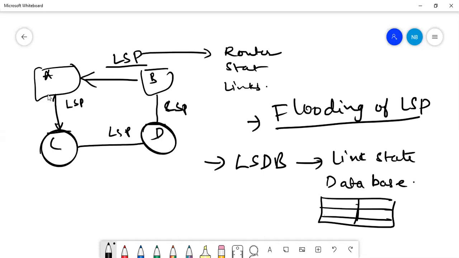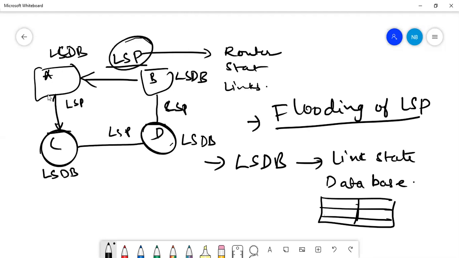Link state database is available with every router. An LSP is an information carrier; it contains information about a particular router. So it is sending information about the router itself, and every router will contain an LSDB.